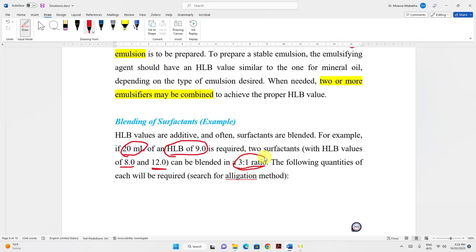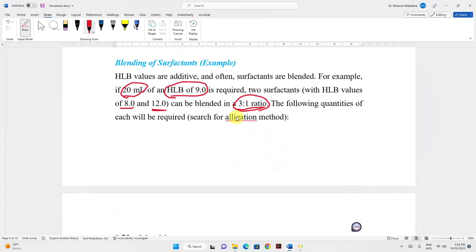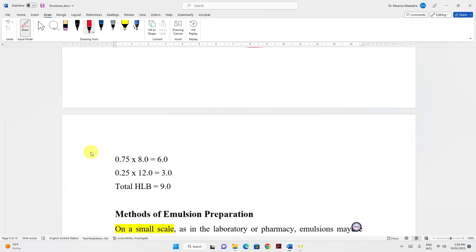How did they get it? I will show you how they did the calculation using a very simple method called the alligation method. Pay attention and we will solve it together. First, what HLB value do we need? We need an HLB value of 9.